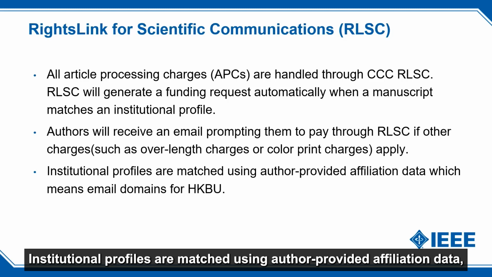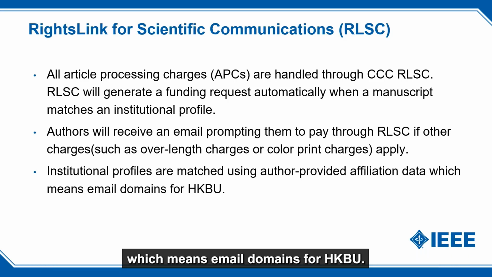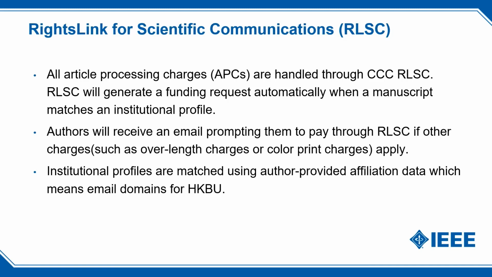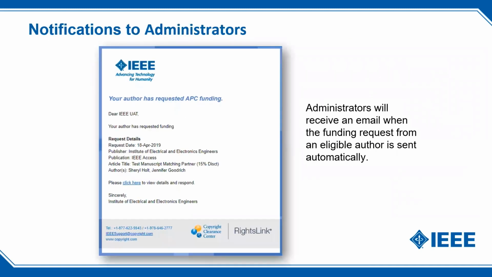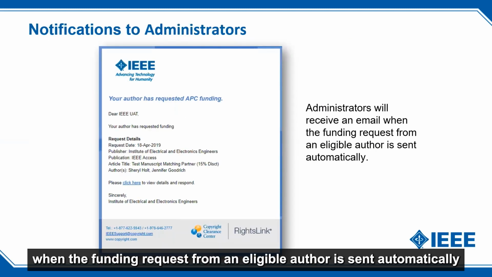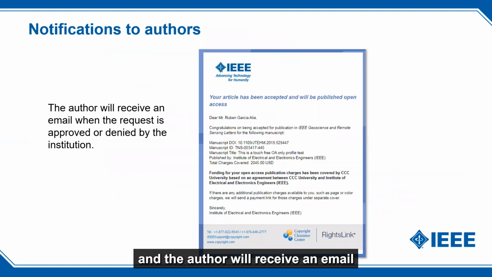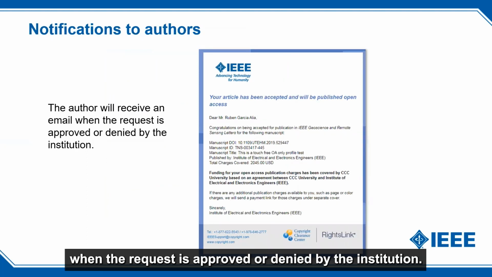Institutional profiles are matched using authors' provided affiliation data, which means email domains for HKBU. The administrator will receive an email when the funding request from the eligible author is sent automatically, and the author will receive an email when the request is approved or denied by the institution.